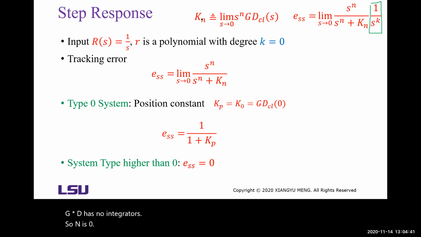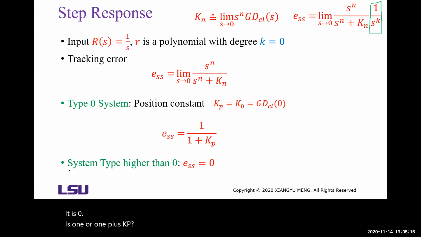So K_0 will be G D closed-loop 0. We also call it K_p. It is the position error constant. In this case, the steady-state tracking error becomes, when n is 0, 1 over 1 plus K_p.